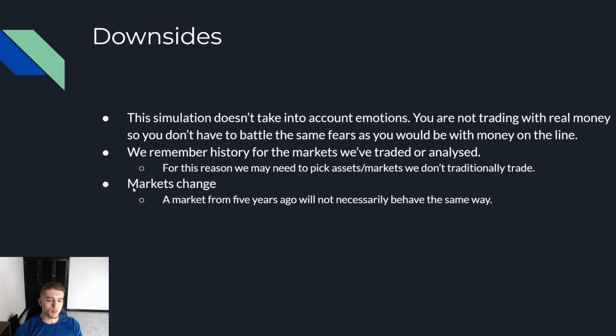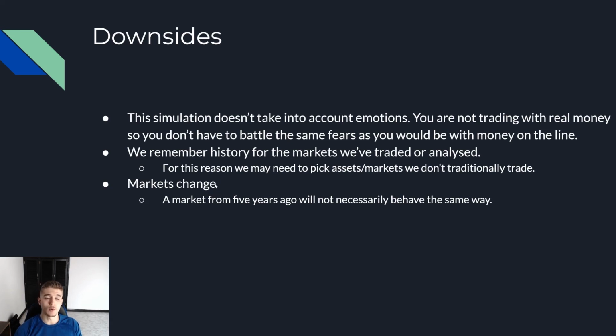Now the next point is that markets change. So it's pretty similar to the point above, but in this one, it's that markets change over time. So if you were to go to Bitcoin back in 2016 or go to gold back in 2016, whatever it may be, you're going to find that it has different statistics. It obeys different analytical methods, or rather, certain analytical methods are not going to work as well in 2016 as they do in 2022, and vice versa.